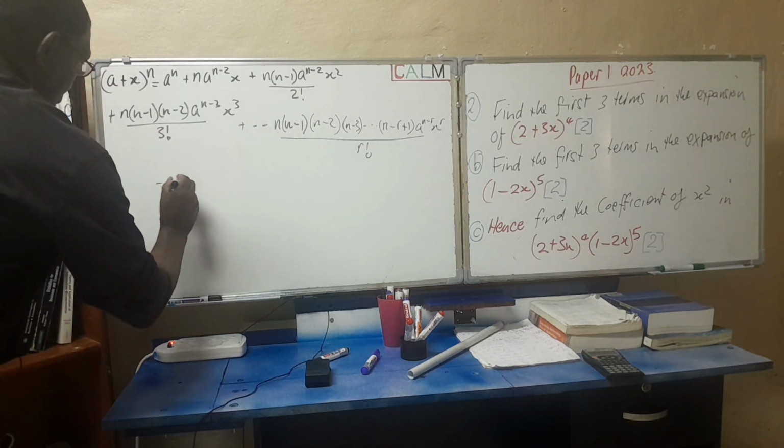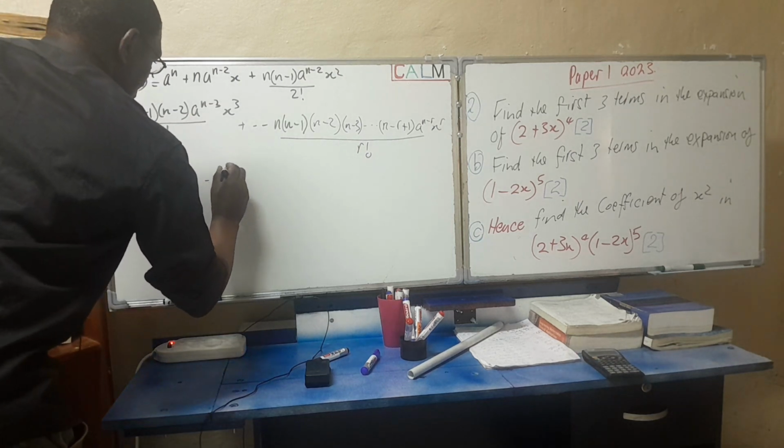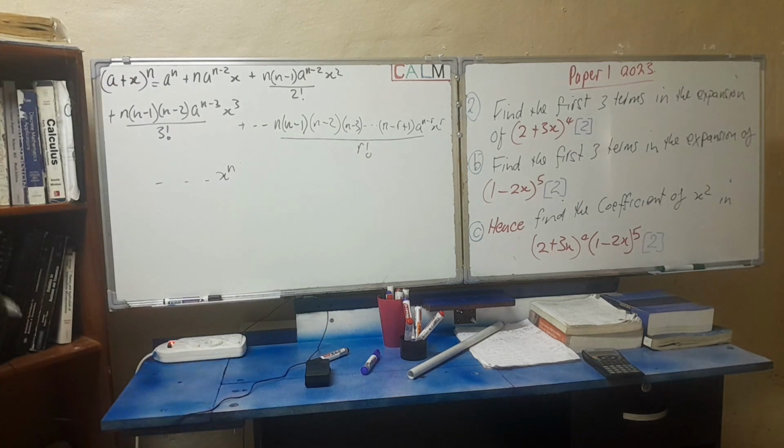And it goes on and on until it gets to the last term, which is x to the power n. That is the binomial theorem.